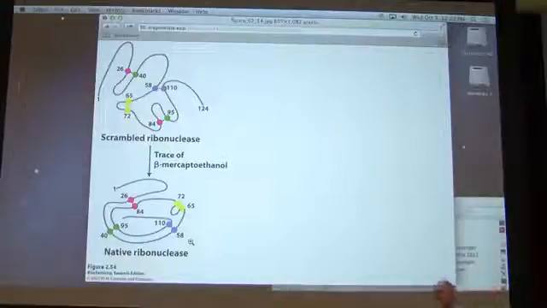Yes? Good question. Is this energetically favored to be in the native form? Okay? In general, yes, but when we look at the energies associated with folding, there's energies all over the wazoo for each step. And so we have peaks, valleys, peaks, valleys, peaks, valleys. It's happening over the folding.